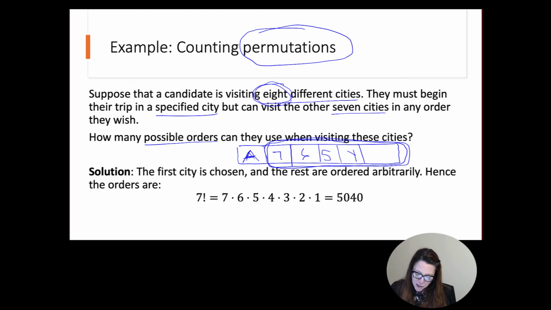So if I said, well, what's n in this scenario? A was given. So really the decision point was right here. Yeah, so n was 7. I had 7 elements, 7 cities that I had to choose amongst. And how many permutations was I looking for? What was my R?